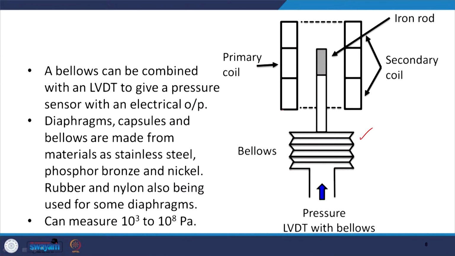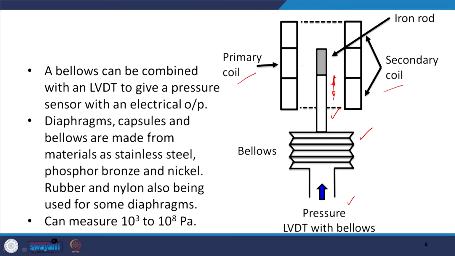If we combine this bellows with an LVDT, where you have the primary coil here and the secondary coil here, I can put an iron rod attached to the bellows, and when pressure is applied, there is a movement of the bellows, and in turn a movement of the iron rod in this LVDT.